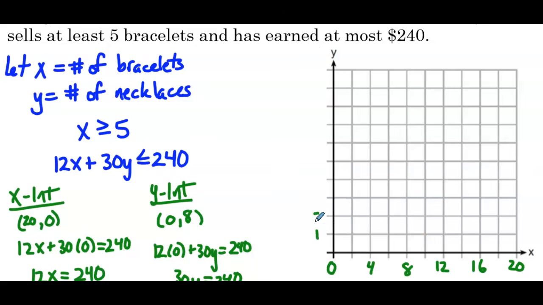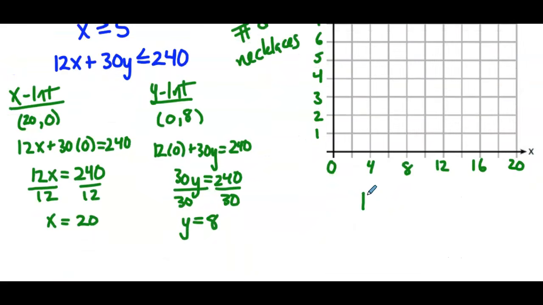We don't need to scale, so we'll just go by 1s: 5, 6, 7, 8, 9, and 10. Since we just labeled the axes, let's label what each represents. So the y-axis is the number of necklaces, and the x-axis is the number of bracelets.